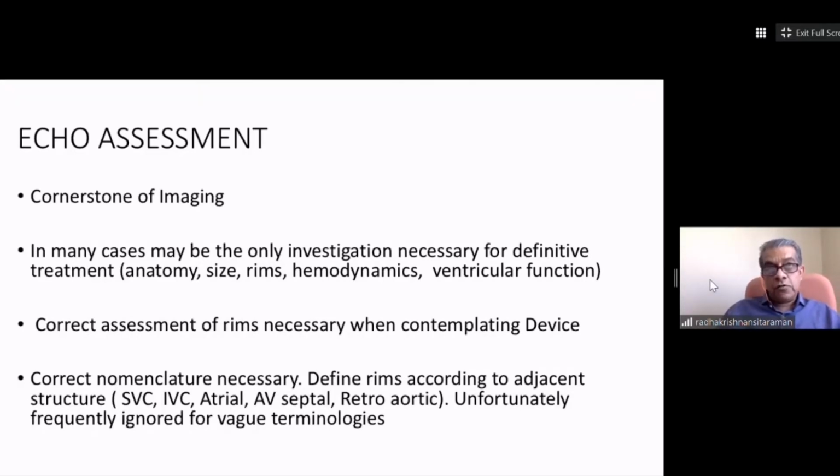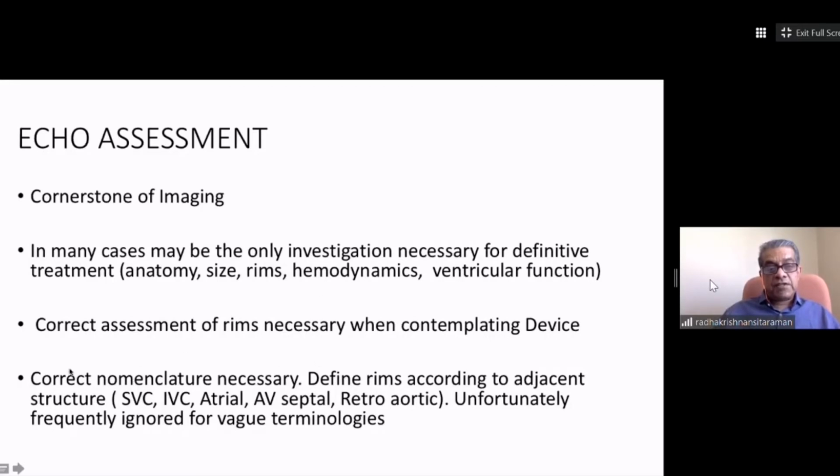But if you look at an echo and see that this is too huge for a device closure, then generally we are not very bothered about measuring the rims. We just mention the size and go on to the hemodynamics before we contemplate referring to the surgeon and, if necessary, doing a cardiac cath.